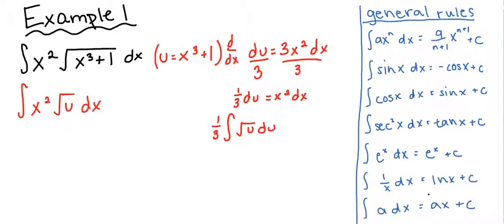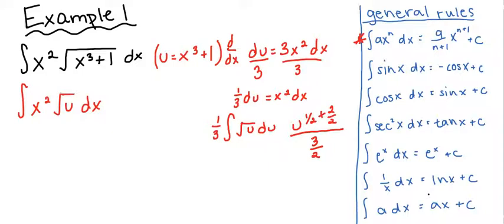You will then refer back to this regular rule to take the integral of the square root of u. The square root of u equals u to the 1/2. So you will add 1 and then divide by n plus 1, which is 3/2.